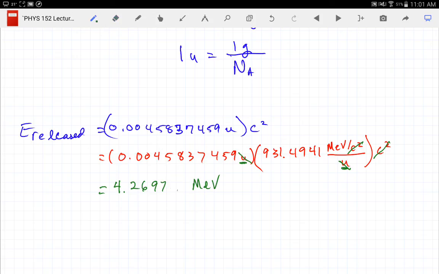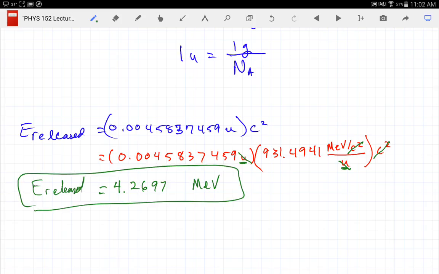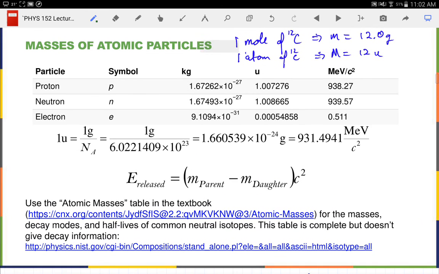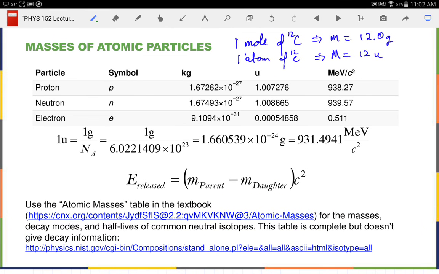Just 5. So let me take off the extra digit that was insignificant, and that's the energy released when the uranium-238 decays into the thorium-234. That's how we calculate the energy released when we have a radioactive decay.